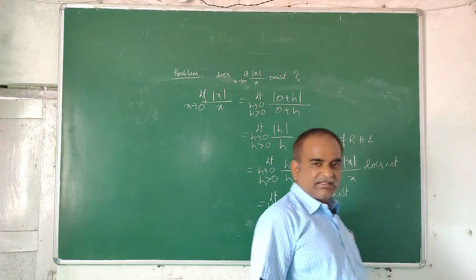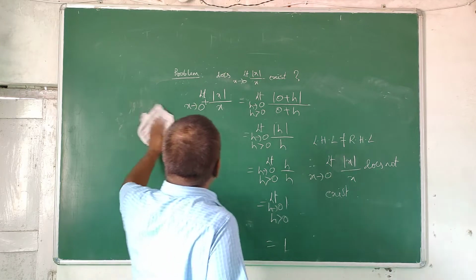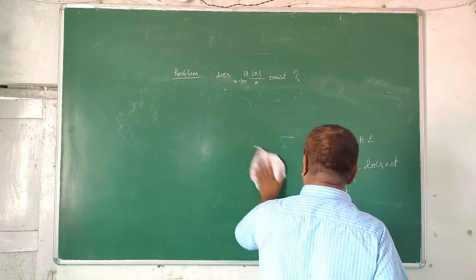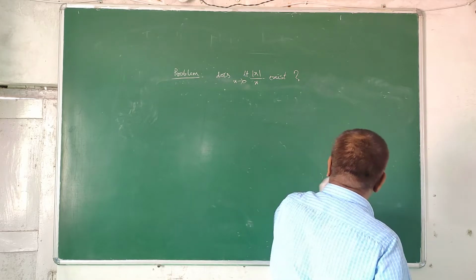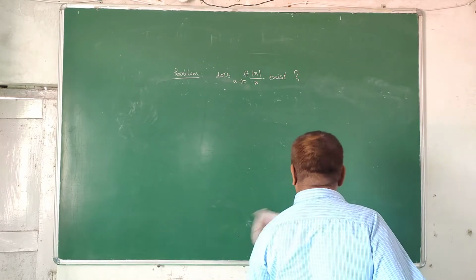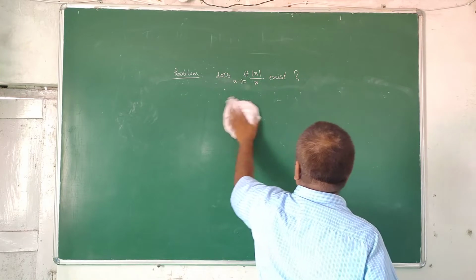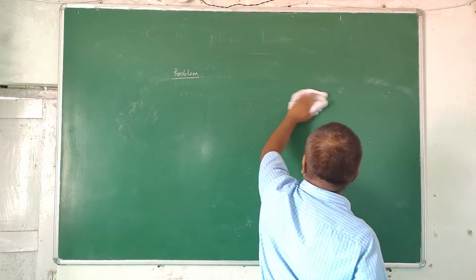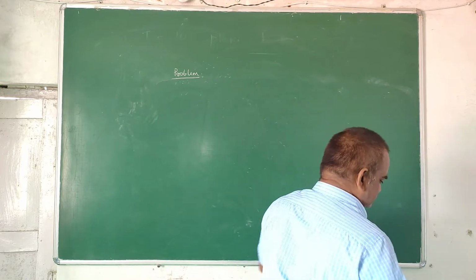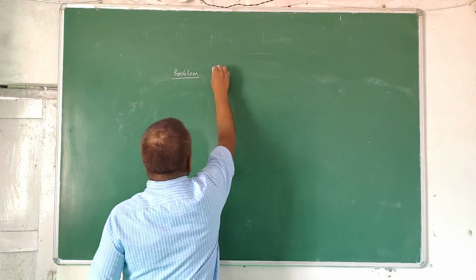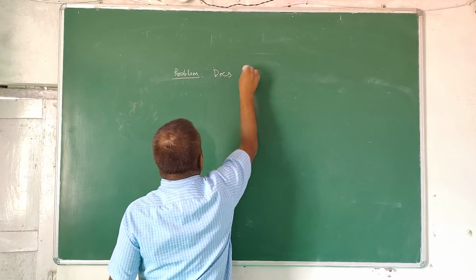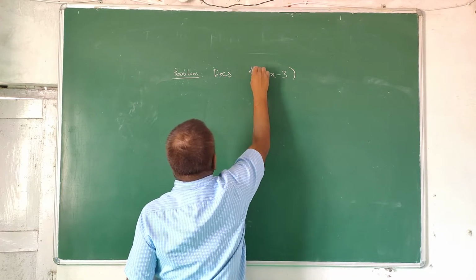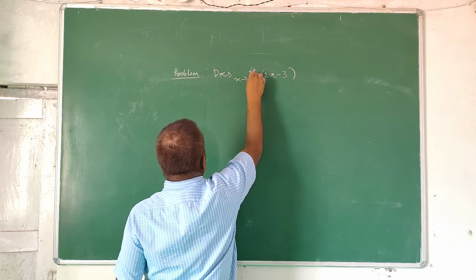Understood? Now let us do one more problem. Does limit of 2x minus 3 as x tends to 2 exist?